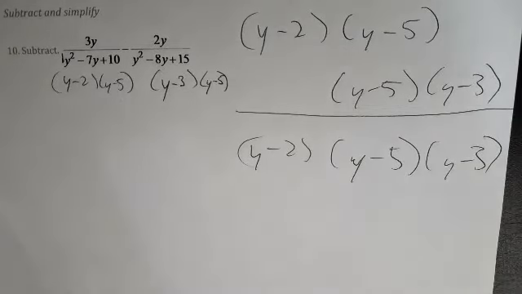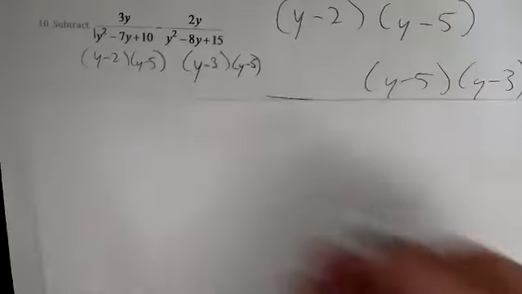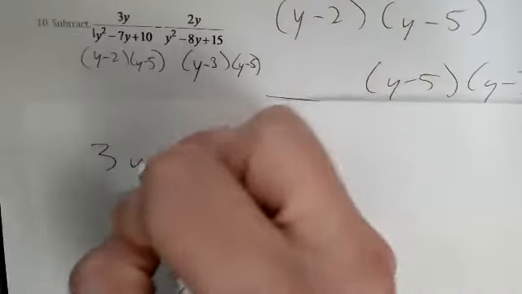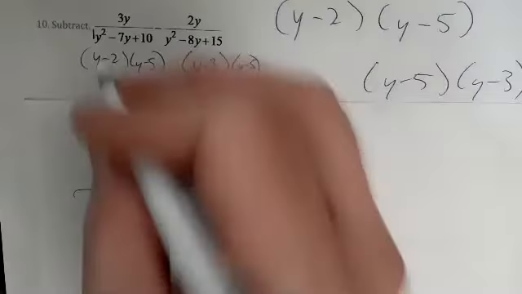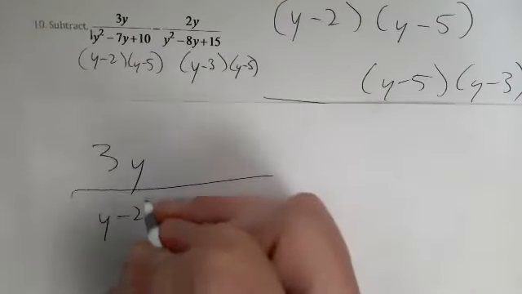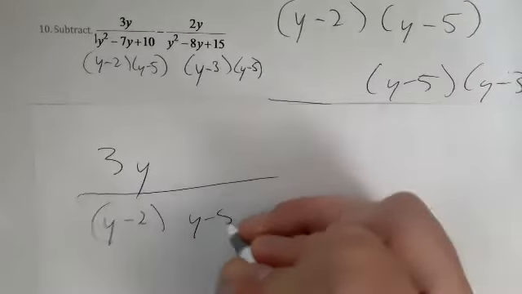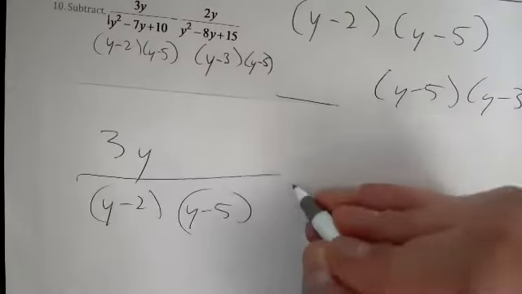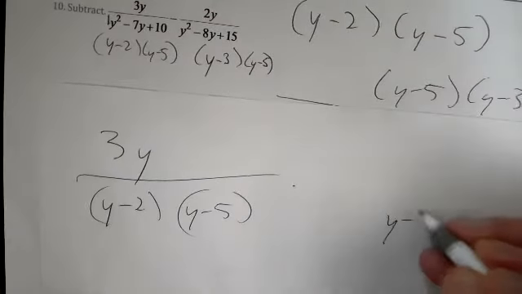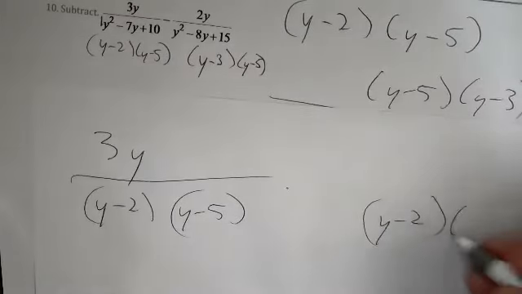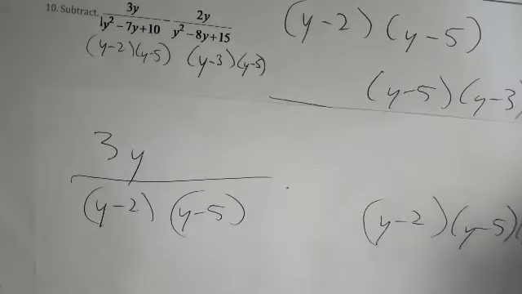And we're going to multiply by that. But I will do it out the long way just so you can see it. If I have a 3y, and now I want to put this in the factored form of y minus 2, y minus 5, and now I want to multiply by something and end up with y minus 2, y minus 5, y minus 3.